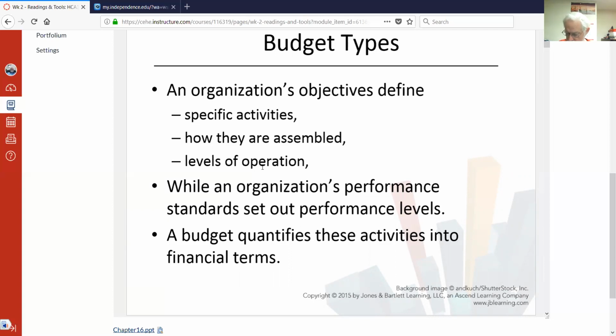Capital budgets are a separate issue. They're handled differently, and they're usually long-term in nature, because we don't pay cash for our capital. We usually end up having to in some way or another finance such things. So they're treated very differently.